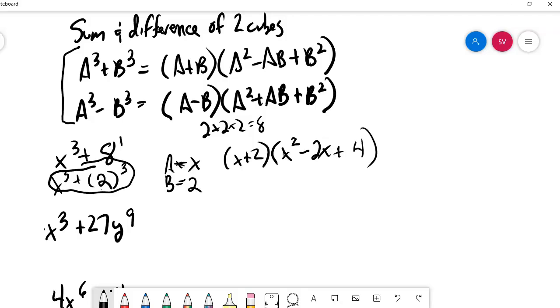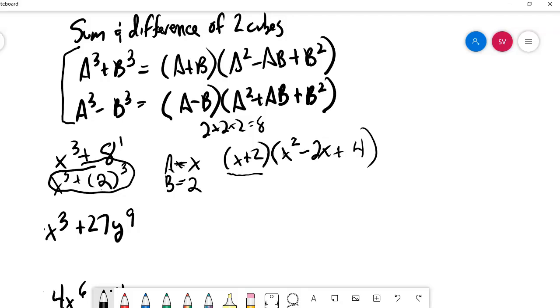And believe it or not, you could check this answer, because if you do the distributive method, if you dissect the first set of terms in the first set of parentheses and individually multiply them to the second set of parentheses, you're going to get one big long strand of terms where everything is going to cancel out, all except an x to the third plus 8. So you can actually check your answer to make sure it's correct.